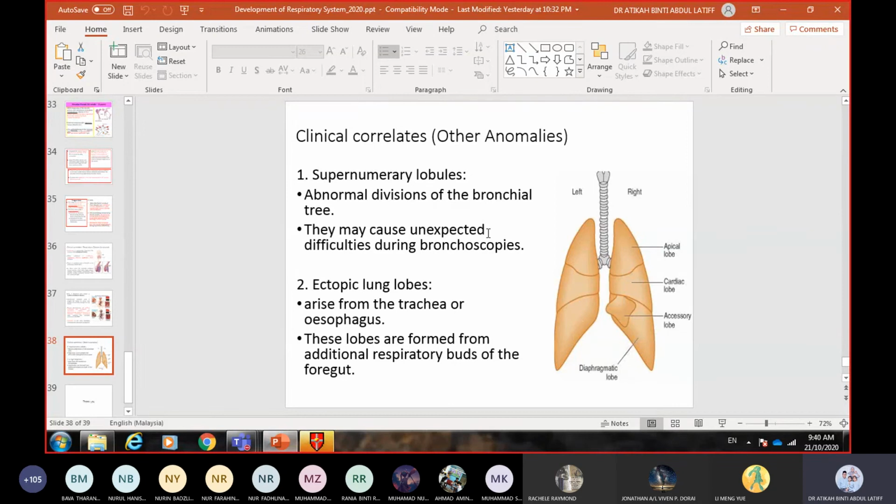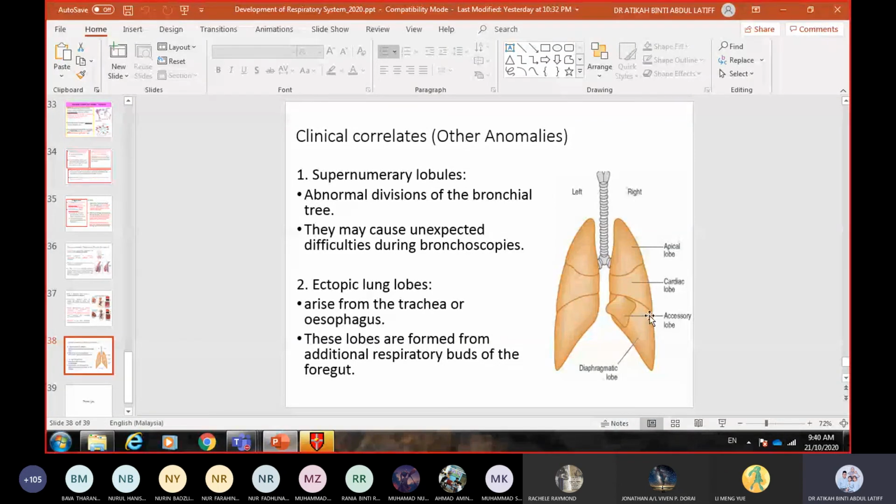Some people might have accessory lobes, because this happens during the division of the bronchial tree. Remember, they divide into 300 million alveoli and so on. Sometimes during the division there is some abnormality that causes these extra lobes to form. However, it usually will not cause a problem.